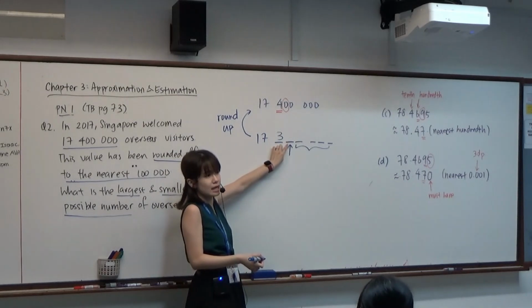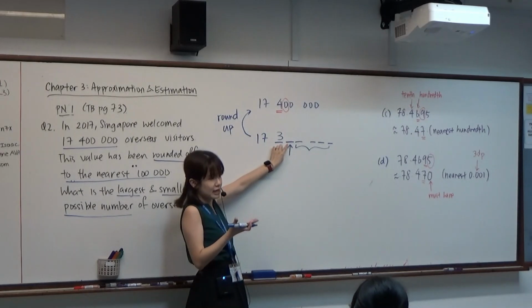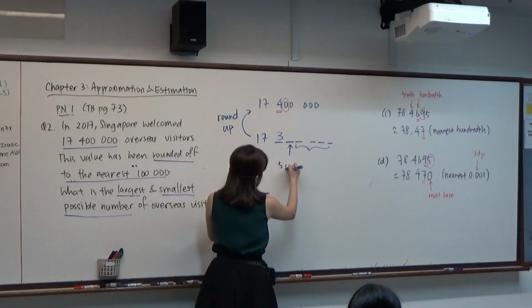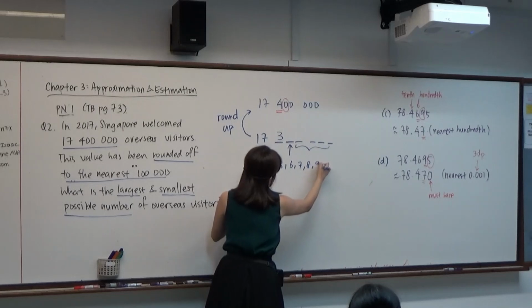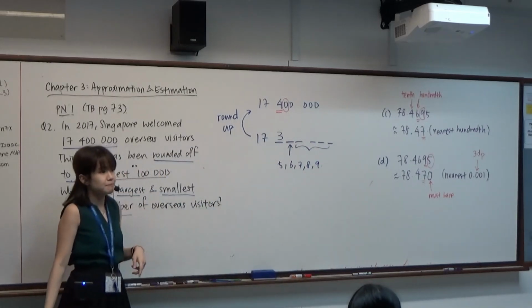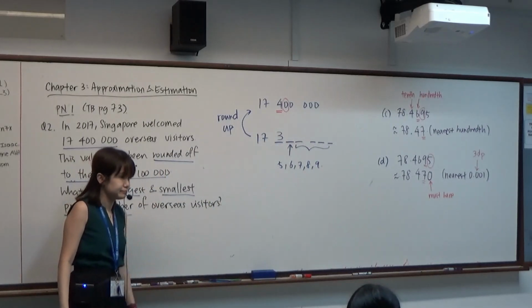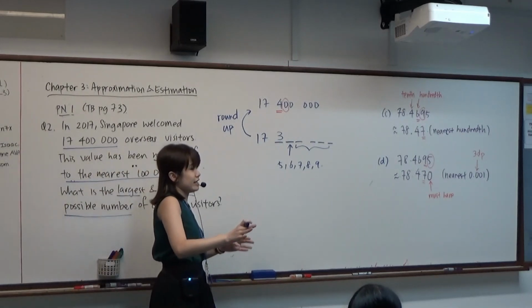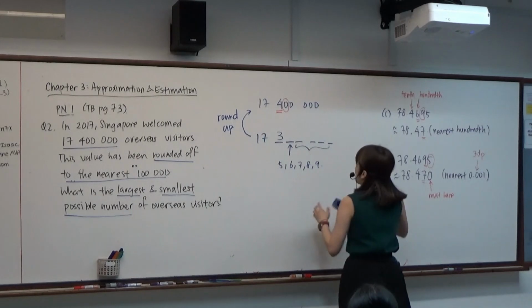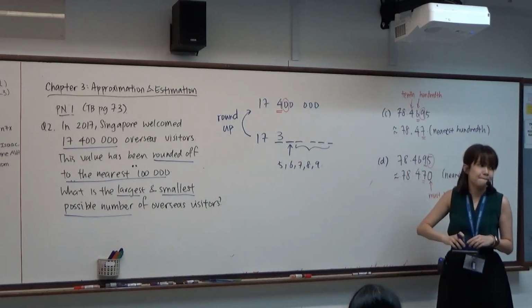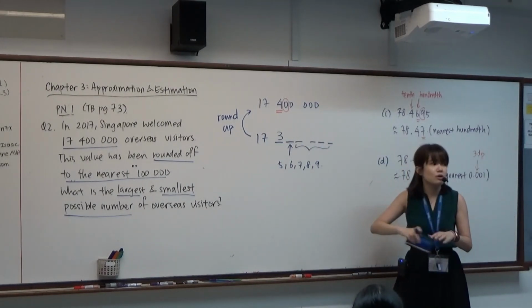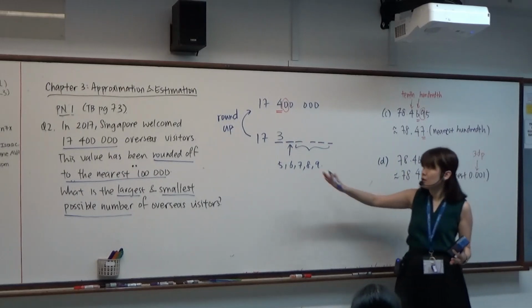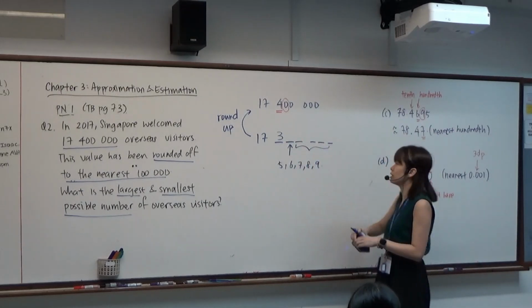What are the numbers that are possible? 5 and above, right? So it is 5, 6, 7, 8, or 9. Agree? I'm just looking at the case of rounding up, trying to have the idea first.